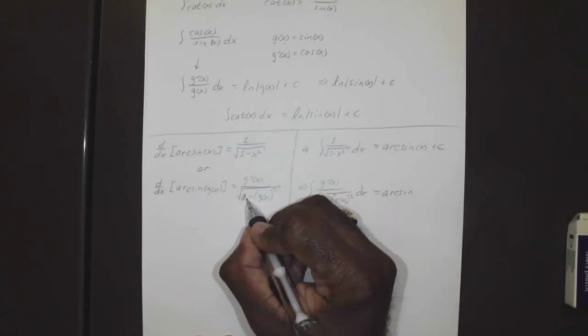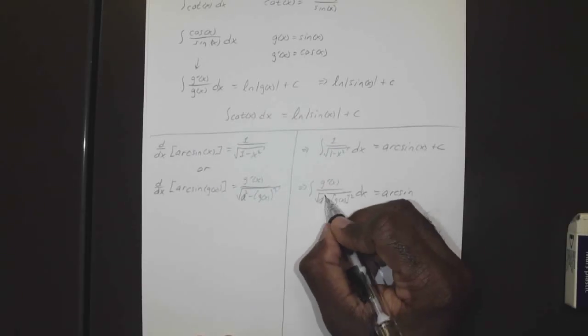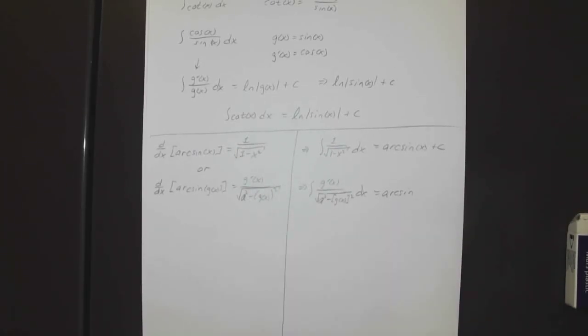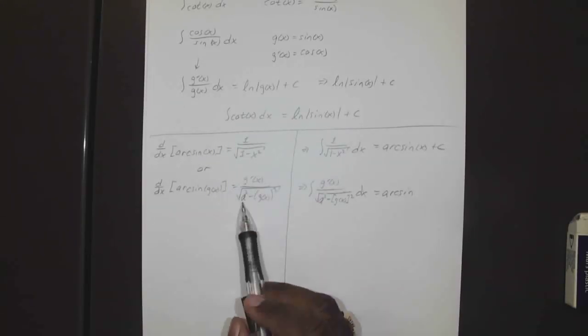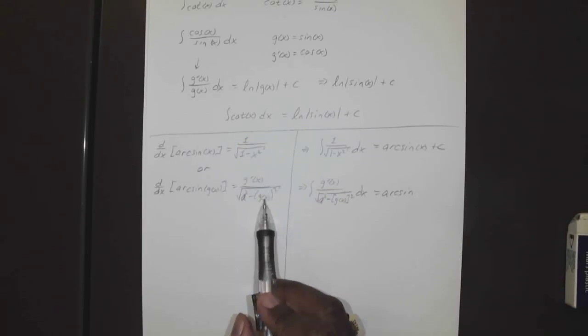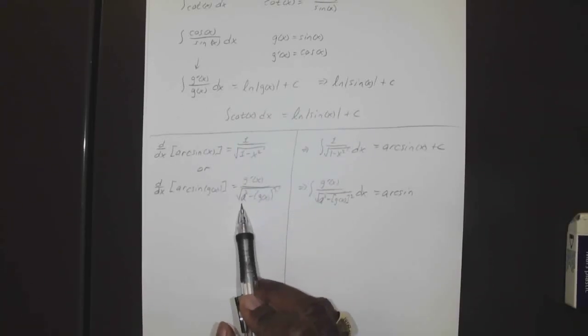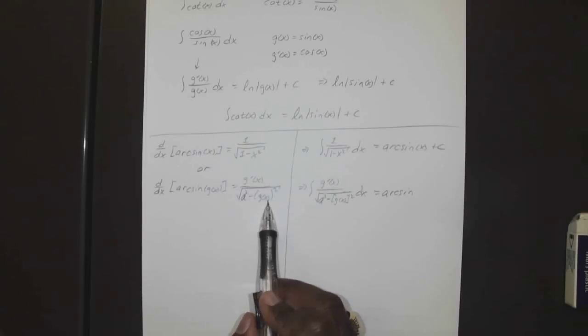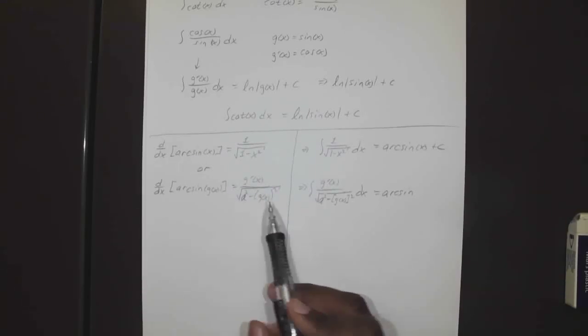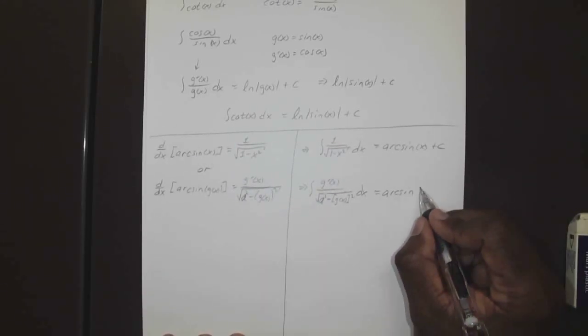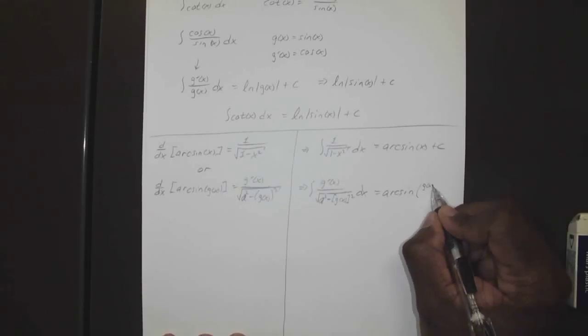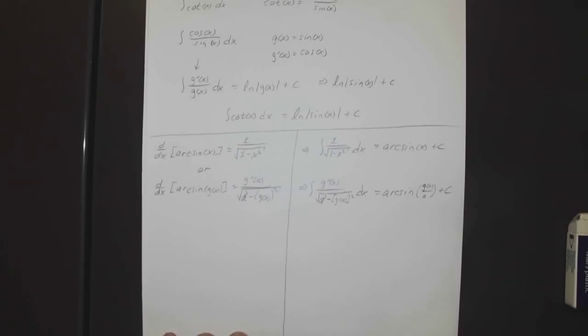Okay, so let's say it's some number, a squared. Okay, and if that's a squared, then what you'd have to do is divide both sides here by a squared. So that would give you the square root of 1 minus g of x squared over a squared. So that means that would be arc sine of g of x over a plus c.